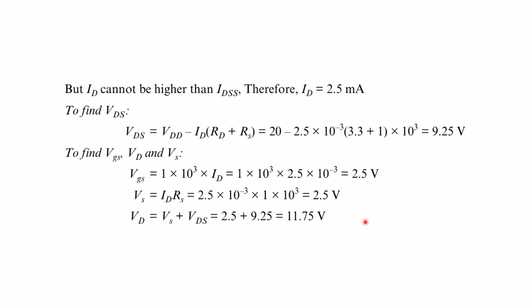So we should take care in selecting the ID value. Based on the selection of the minimum value of ID only, we can further calculate the values of VDS, VGS, VS and VD.